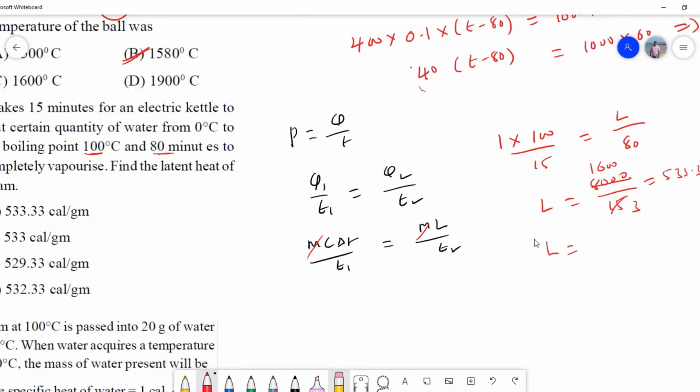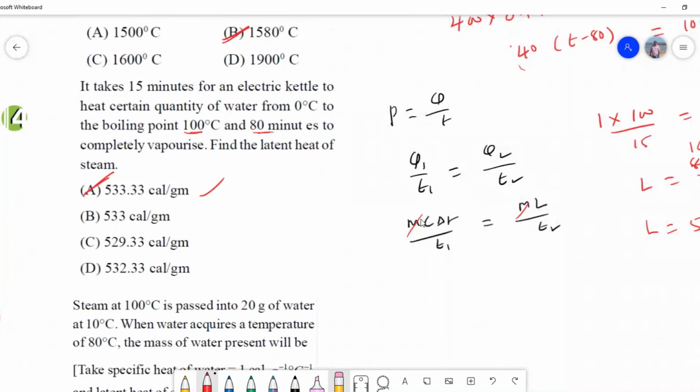So the answer is 533.33, sorry, calorie per gram, because it's latent heat, right? 533.33 calorie per gram. So here what you have to do, the rate of energy supplied is constant. So whatever the energy required here is the same.